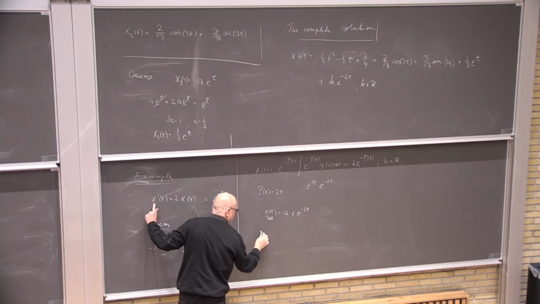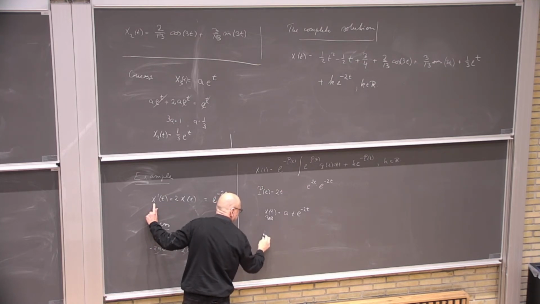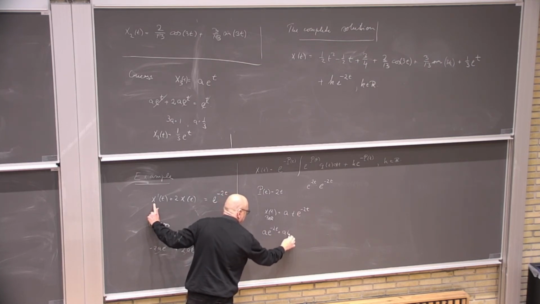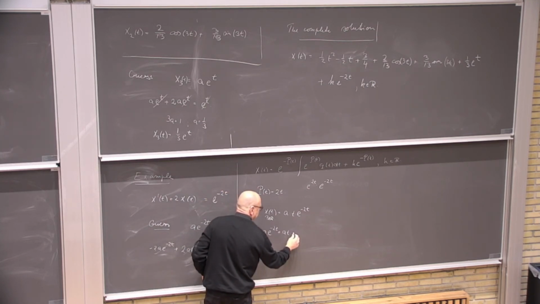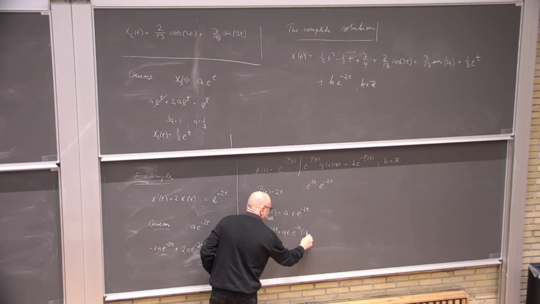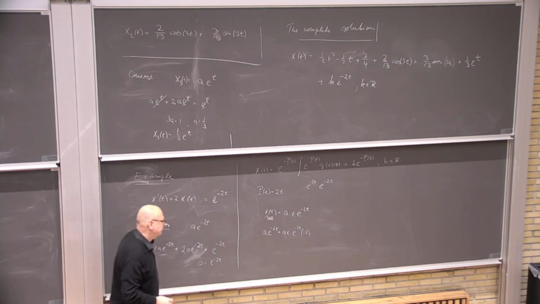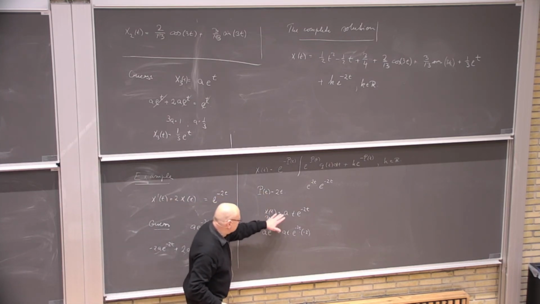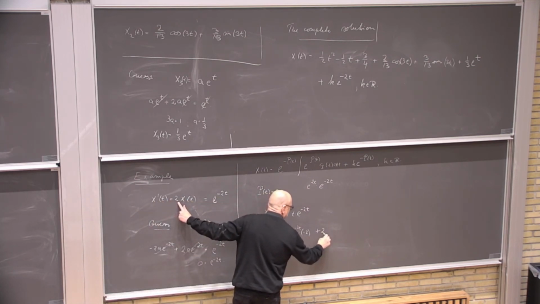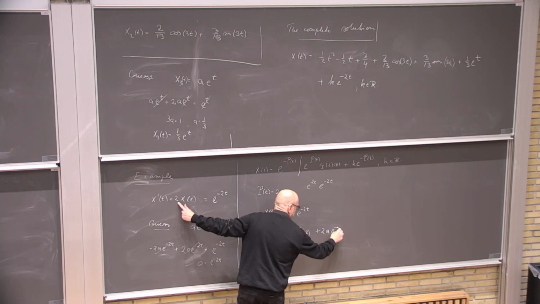This is a product, so I have the derivative of a times t, that is a, and then I keep this one, e to minus 2t, and then I keep at, and then I take the derivative of this one, and this is e to minus 2t times minus 2. So this was the derivative of the function, and then I have to add 2 times the function, 2a t e to minus 2t.